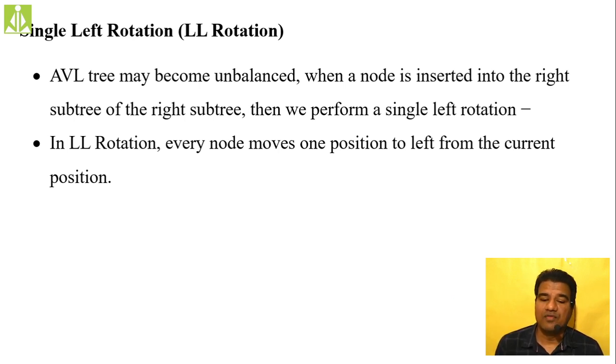How are we doing the insertion? Whenever you are doing the insertion operation into the right subtree of the right subtree, if you have the root node, and this is your right subtree, and you are inserting a new node as the right subtree of the right subtree.